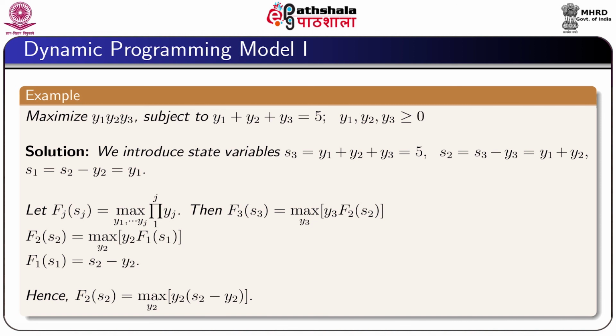Similarly, capital F2(s2) equal to maximum of y2 into capital F1(s1), and capital F1(s1) is equal to s2 minus y2. From the last two, we can write F2(s2) equal to maximum of y2 into (s2 minus y2), where maximum is taken over y2.